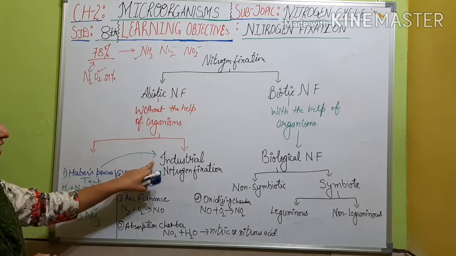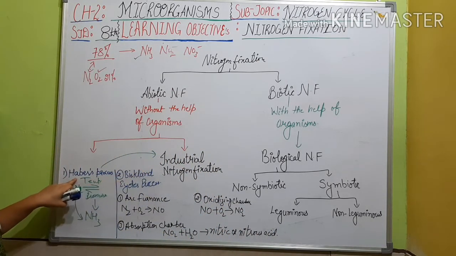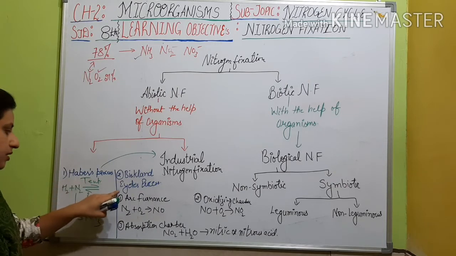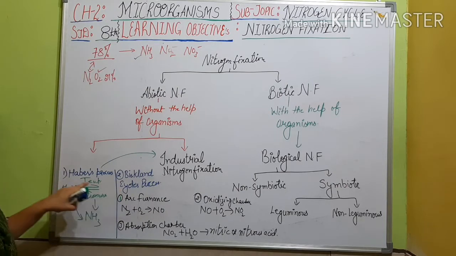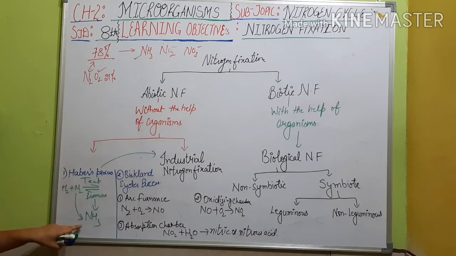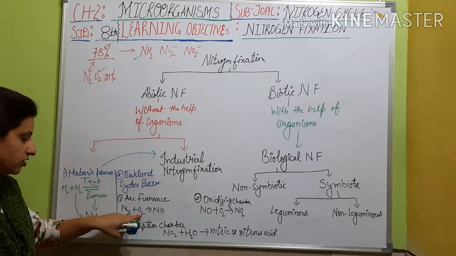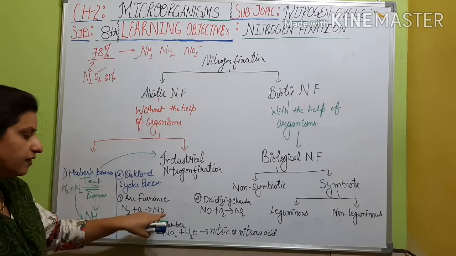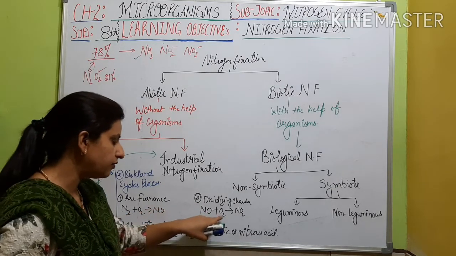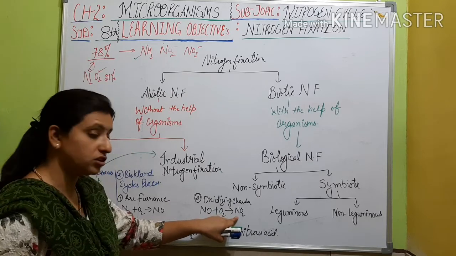So in industrial nitrogen fixation, two parts are there, that is Haber's process and Birkeland-Eyde process. In Haber's process, hydrogen and nitrogen at high temperature and pressure convert into ammonia. And in the Birkeland-Eyde process, in the arc furnace, nitrogen and oxygen combine to form nitrogen oxide. Then in the oxidizing chamber, nitrogen oxide combines with oxygen to form nitrogen dioxide.